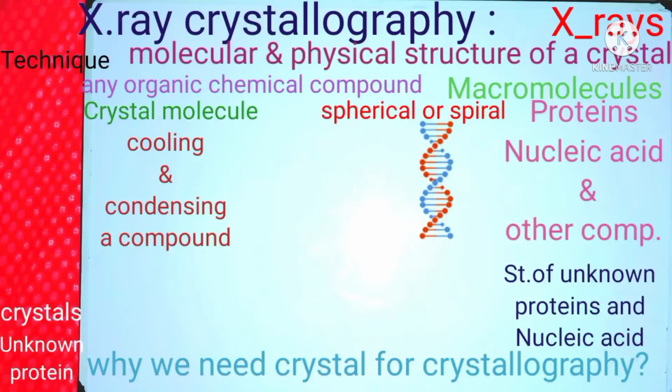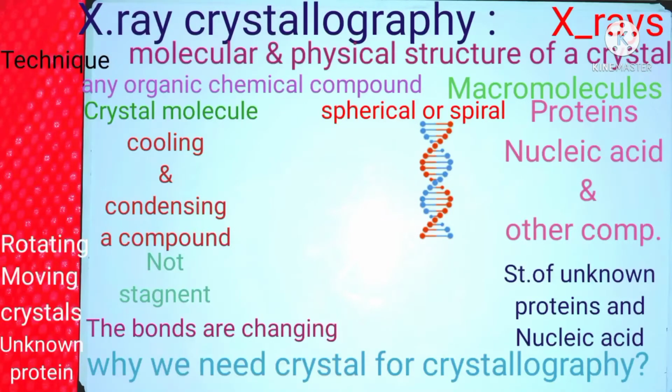Normally, all those molecules such as organic compounds, all those macromolecules, whatever we are talking about, are not stagnant. They are present in different orientations, which means they are moving, they are rotating, the bonds are changing with time, and all those things are modified from time to time, because that is true for the living organism.